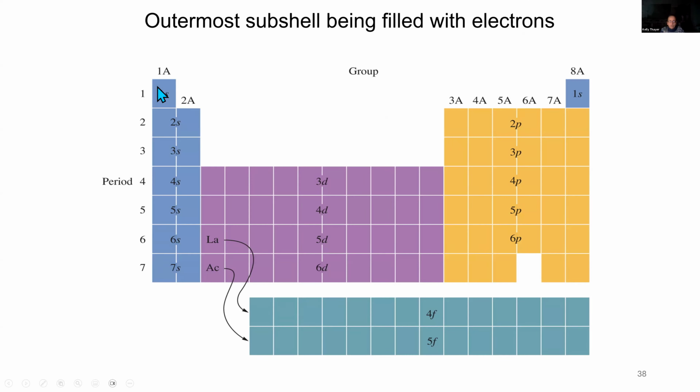So this is 1s1, 1s2, then you have your 2s1, your 2s2, your 2p1, 2p2, and so on, to fill out these diagrams. You just follow this as you're filling your periodic table. So you have a particular element, you simply find where it is on the periodic table.